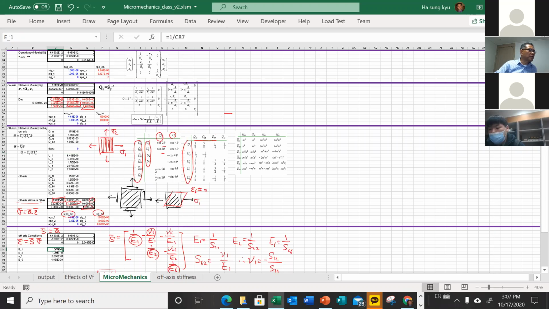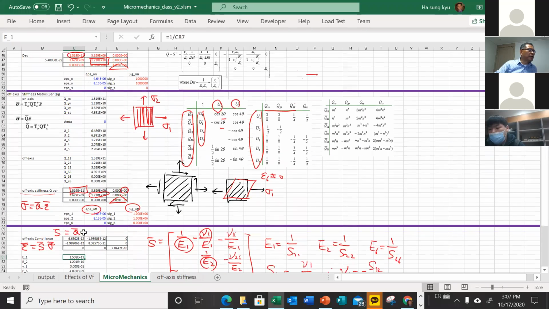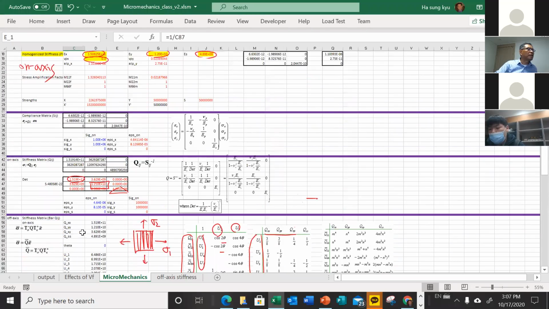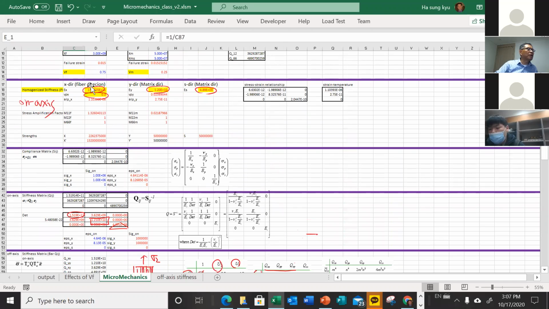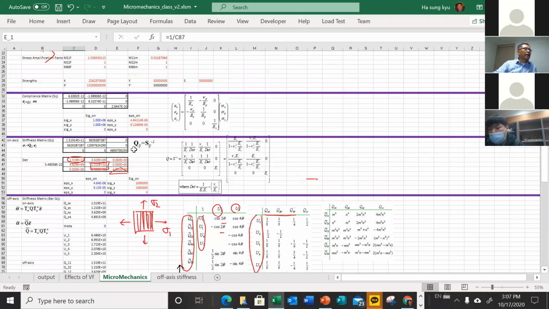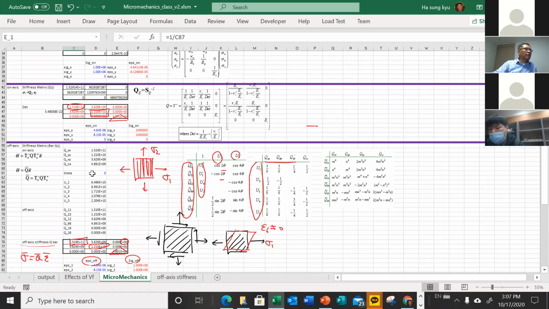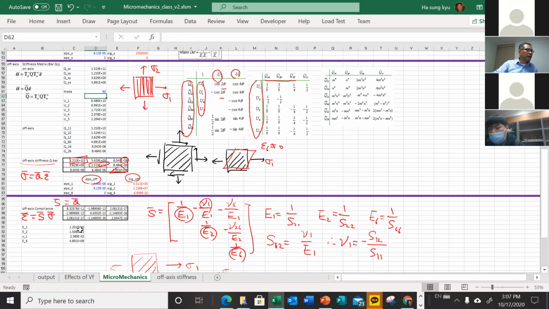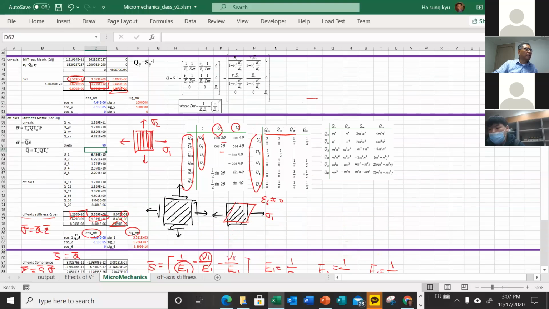This will change. And that will be exactly the same as the stiffness, the on-axis engineering constant, right? Exactly the same. And if we enter 90 degrees, these terms will be exchanged, and so on.